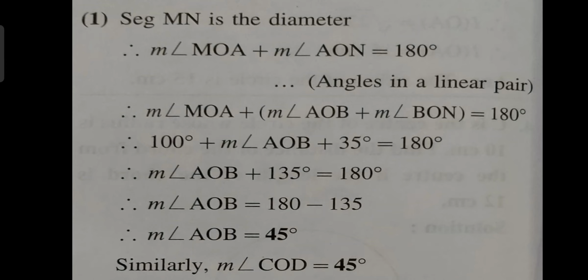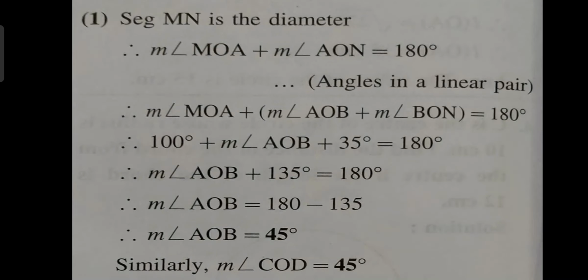AOB plus measure of angle BON is equal to 180 degrees. Because we can see here 100 is the given measurement of angle MOA. We also know the measure of angle BON, that is 35 degrees, which is already given in the figure. What we have to find is measure angle AOB, whose value we don't know, so we'll put it as it is.